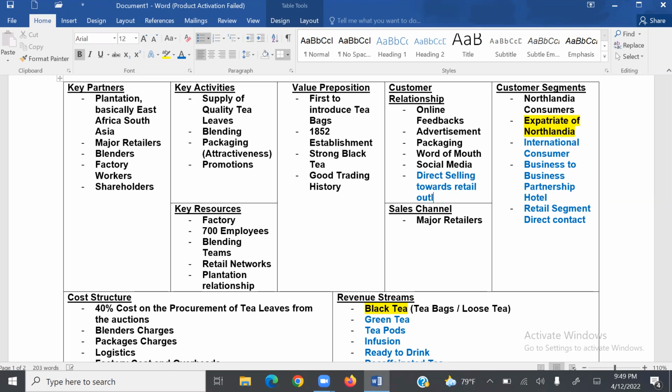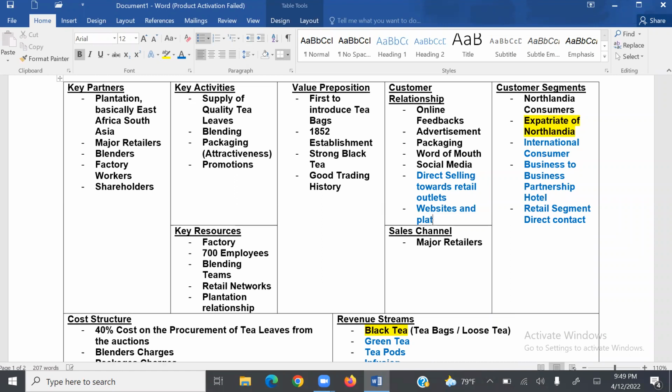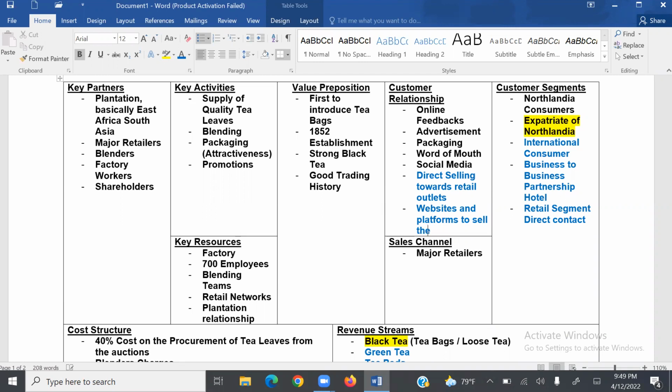We do not have a retail outlet, and then we can have websites and platforms to sell the product. So that is also one major point of view on customer relationship that we can manage at the moment.